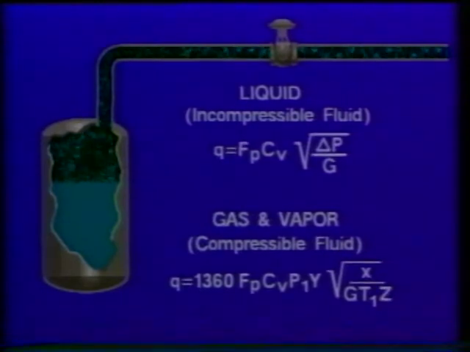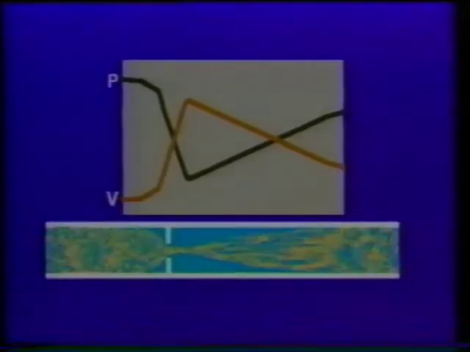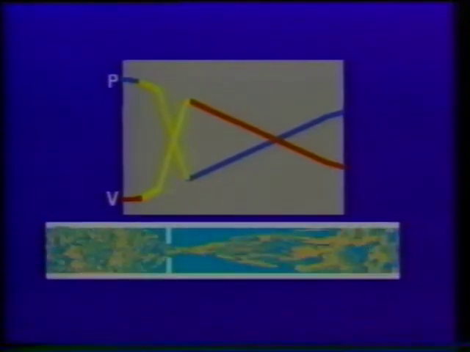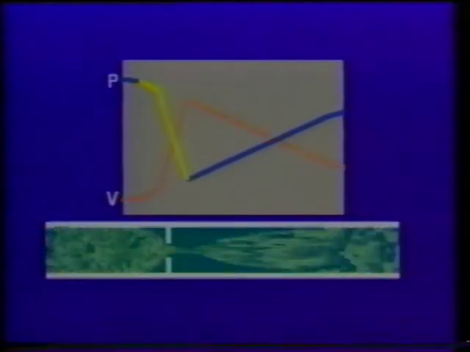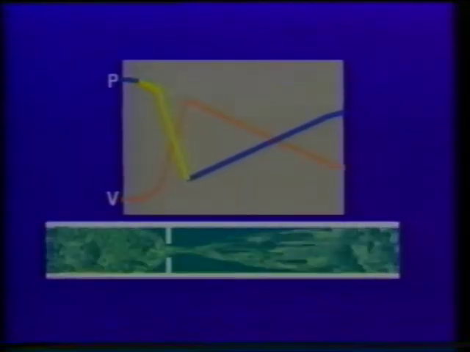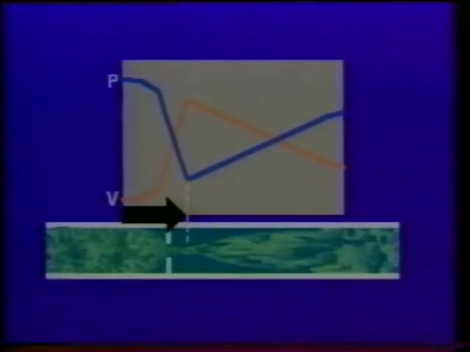Let's take a look at these factors, starting with the expansion factor, Y. Remember that as fluid passes through a restriction, pressure drops and fluid velocity increases. If the fluid is compressible, this reduction in pressure will result in a corresponding expansion of the gas or vapor. When a fluid expands, its specific weight decreases, so it follows that the specific weight of a gas must decrease as it flows through the restriction to the vena contracta.